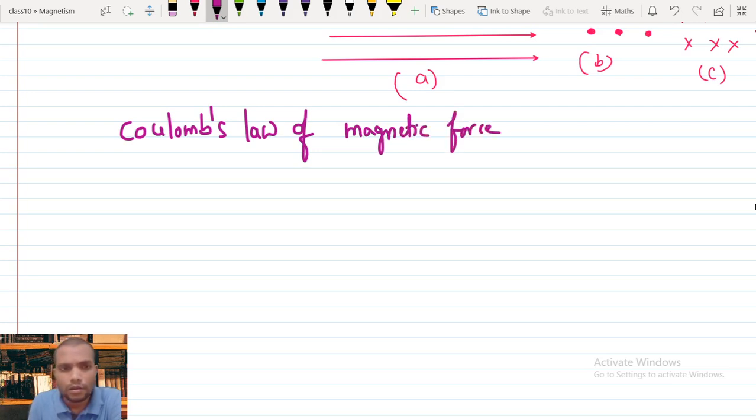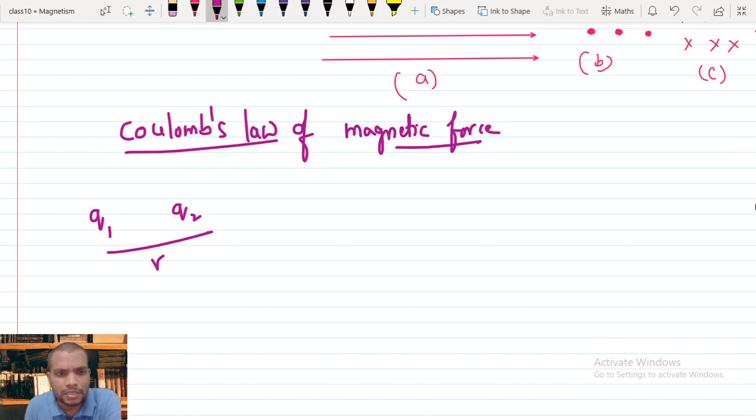To derive this law, first recall Coulomb's law in electric forces. If two charges Q1 and Q2 are separated by a distance r, we write that force is directly proportional to the product of charges Q1 Q2, and inversely proportional to the square of the distance between them.